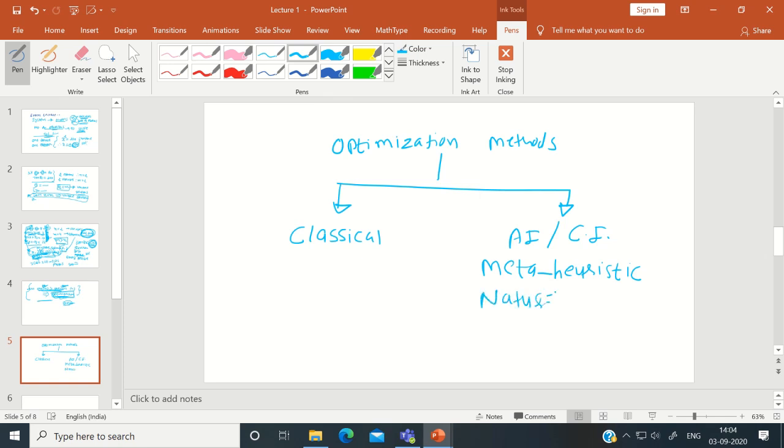They are also called nature inspired metaheuristic methods. These metaheuristic methods are also known as stochastic methods.